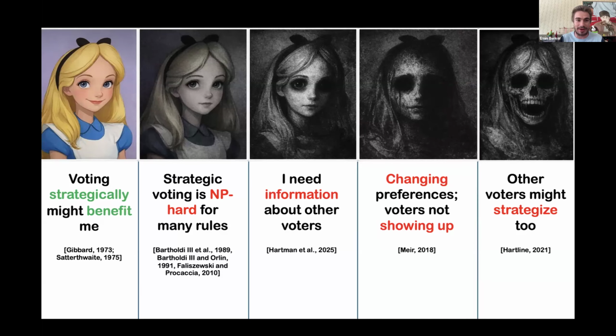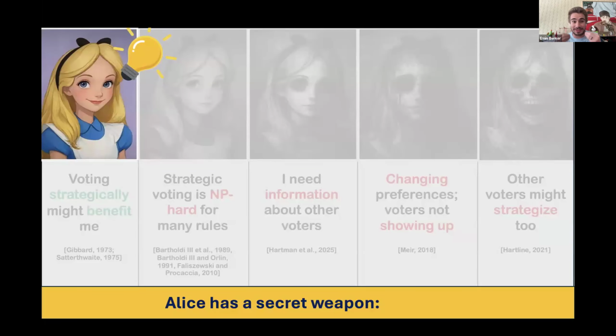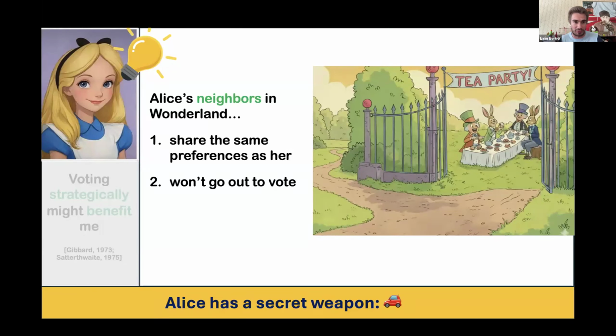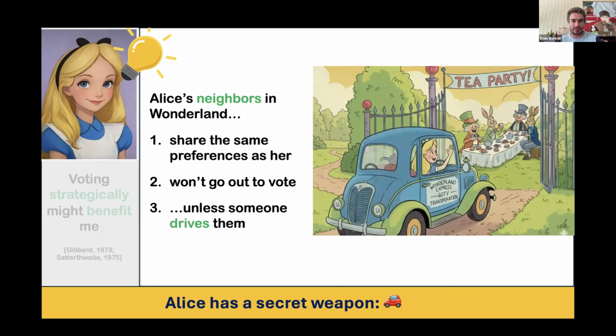In the midst of her despair, she actually remembers that she has a secret weapon, which is a car. In particular, she has all these neighbors in Wonderland, and Alice's neighbors have the exact same preferences as her. They share the same top candidate. They share their opinions with each other, and moreover, these people are not going to vote because they're so busy with the Tea Party, they cannot bother to show up at the polls unless someone drives them.